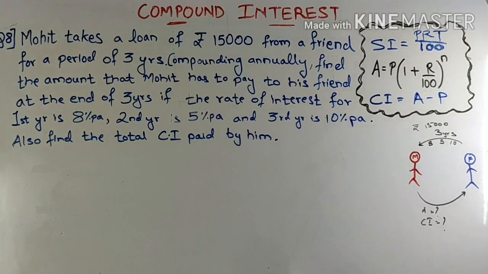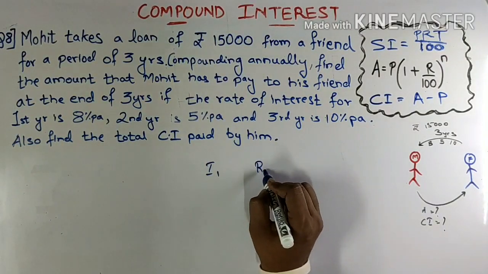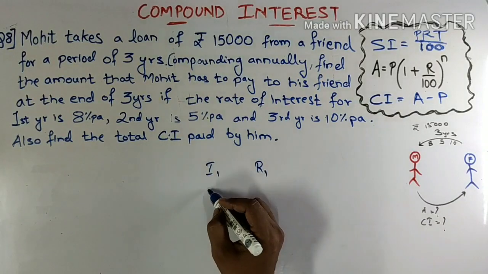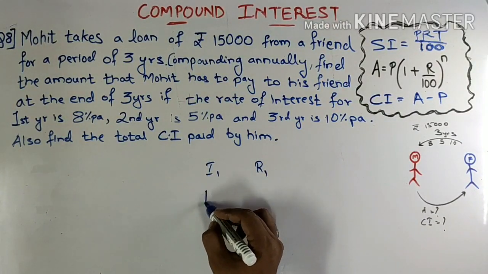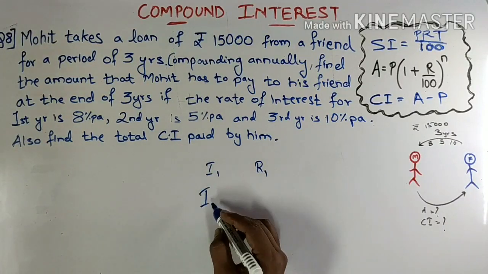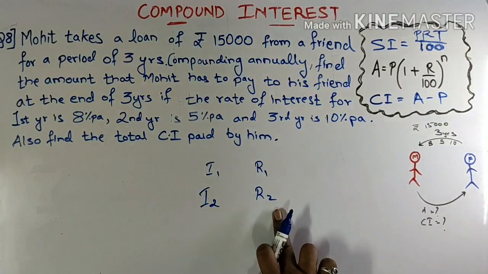Now there are two methods to solve this. One is the old method, where we find simple interest for each year and then add up. Why for 3 years? Because for the first year I'll find I1 based on rate R1. For the second year, that interest will get added to the principal. It becomes principal 2, and I calculate I2 based on the rate of interest for the second year.